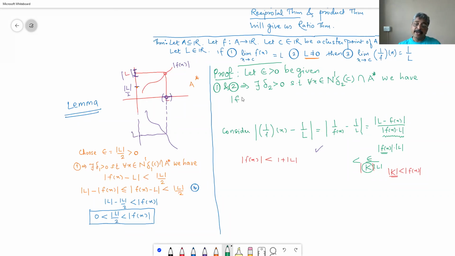absolute value of f of x minus L is less than mod L square by 2 epsilon. Okay. So for making use of statement number 1, the epsilon I am considering is the given epsilon multiplied by mod L square by 2.